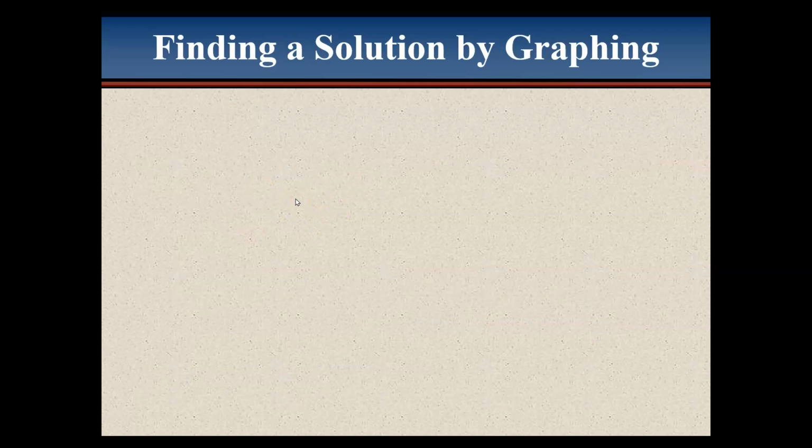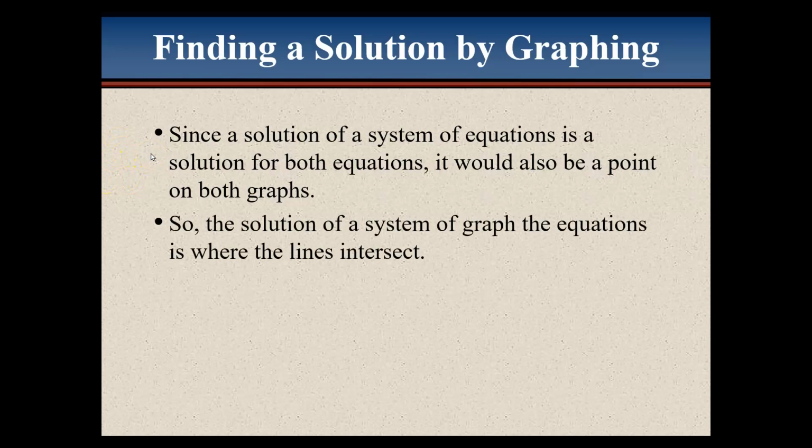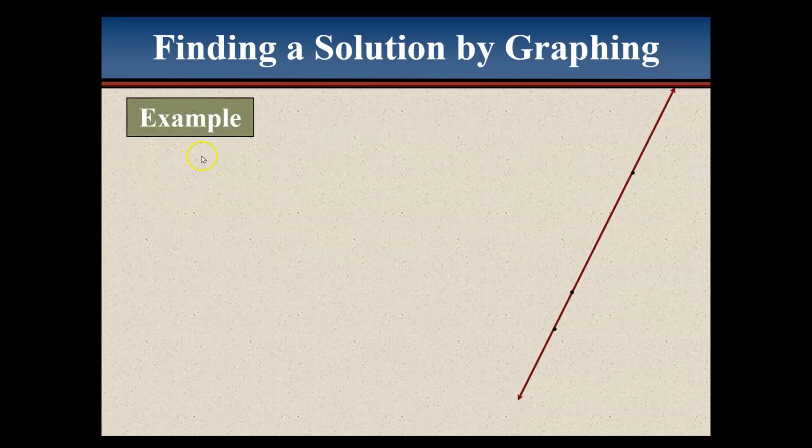Okay, so that's using substitution to find the point, but this is the problem you're going to be given. This is what we're working more on. Since the solution needs to be a point on both graphs, we need to solve the system to figure out where they cross or where they intersect.